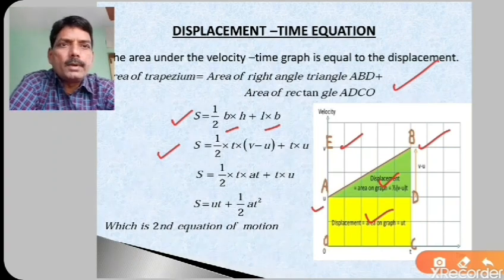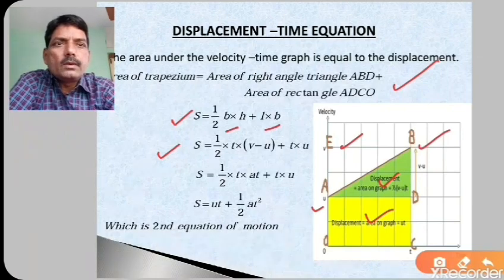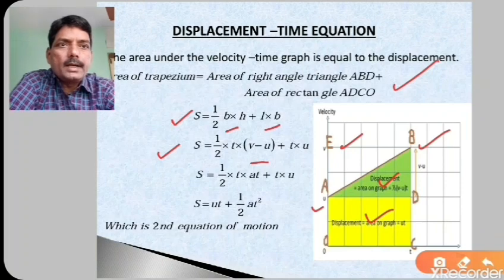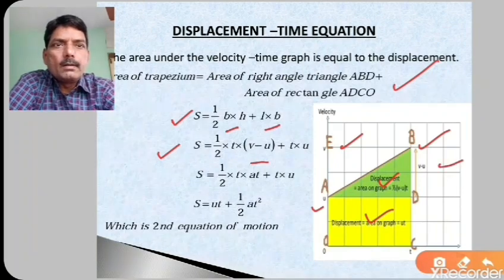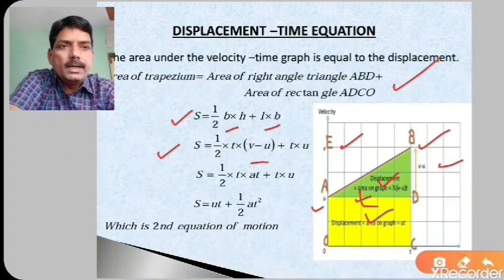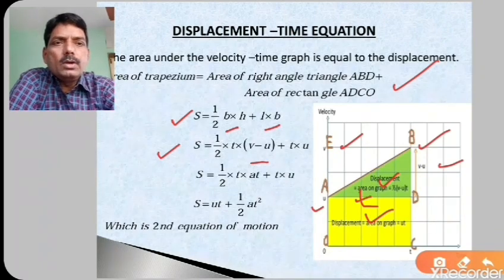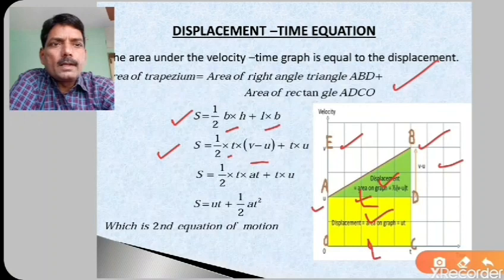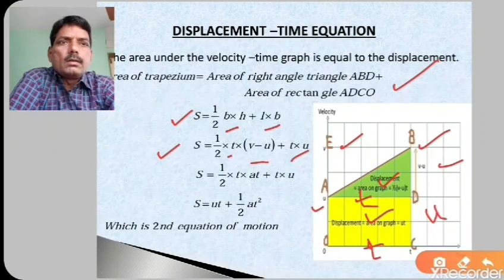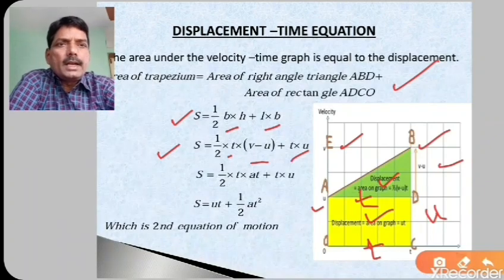S is equal to 1/2 of T into, the height is nothing but V minus U. Then the base, sorry, the base is AD, which is parallel to OC, so that is nothing but your T. Again in the case of this rectangle, the length is T and the breadth is nothing but your U. So U into T is the area of this rectangle.